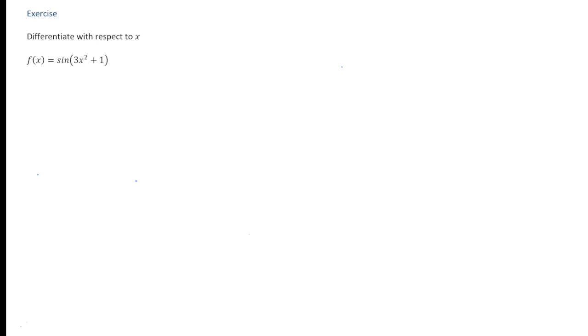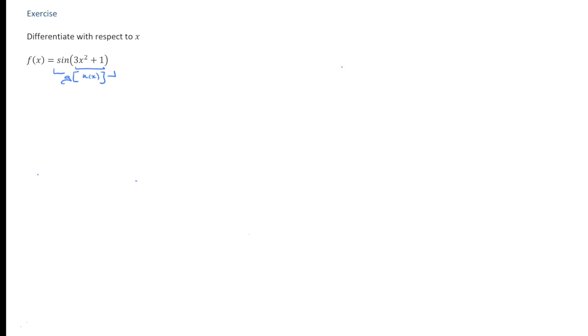So, looking at f of x equals sine of 3x squared plus 1, we can see that this is a composite function. Indeed, if we call 3x squared plus 1 h of x, and if we call sine the outer function g, then this is g of h of x. In other words, it's a composite function.